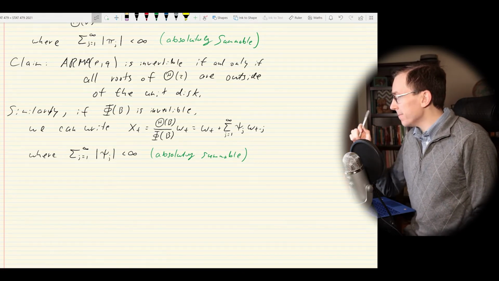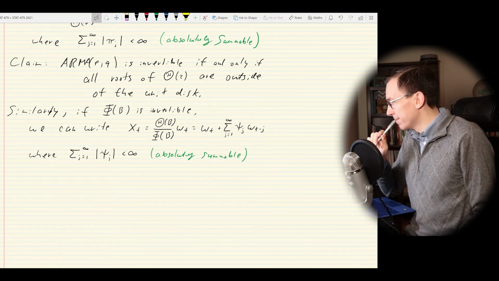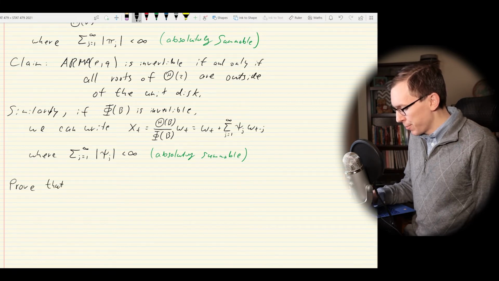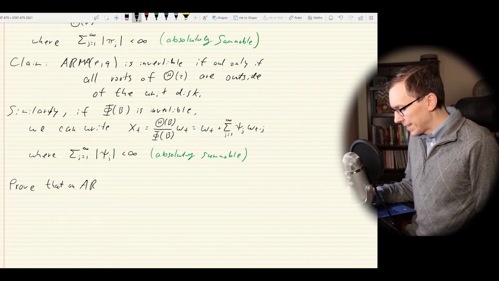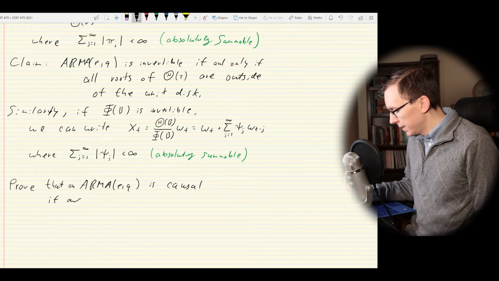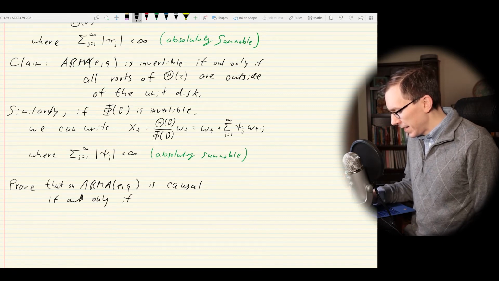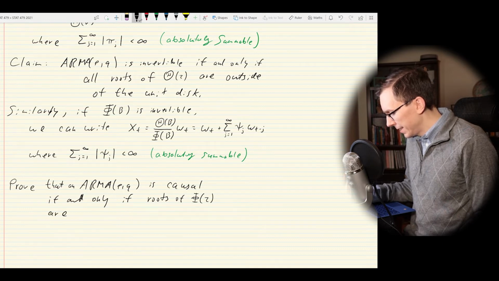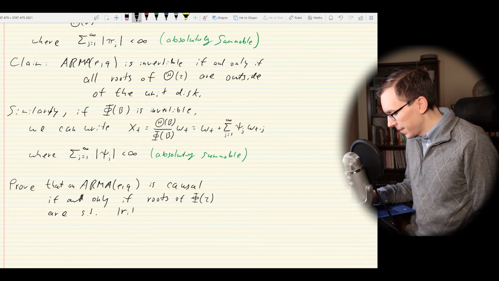So the next thing we're going to do is prove that an ARMA(p,q) is causal if and only if the roots of phi(z) are such that, I guess, Ri is less than 1, or no, not less than 1, greater than 1 in magnitude.